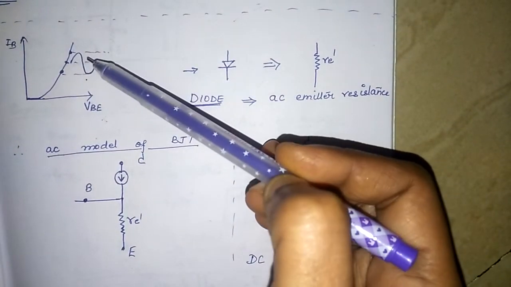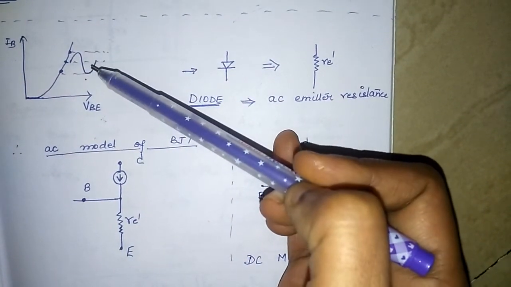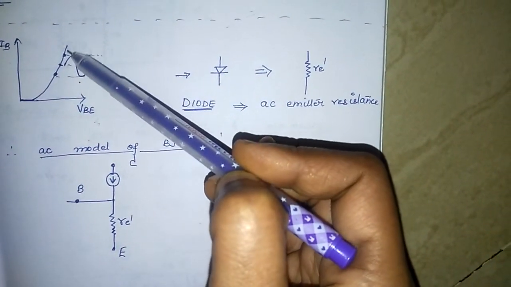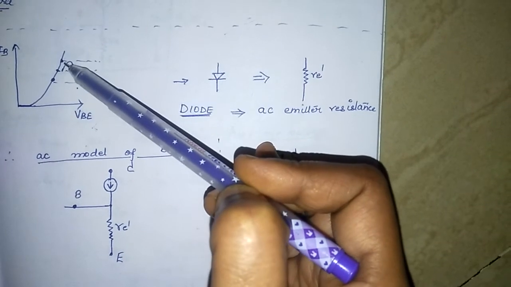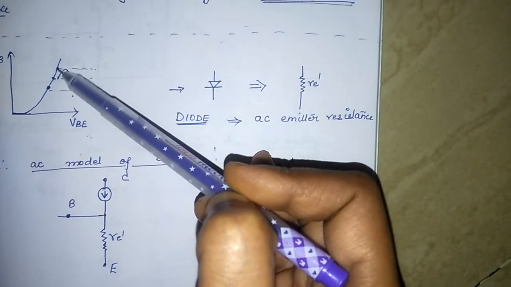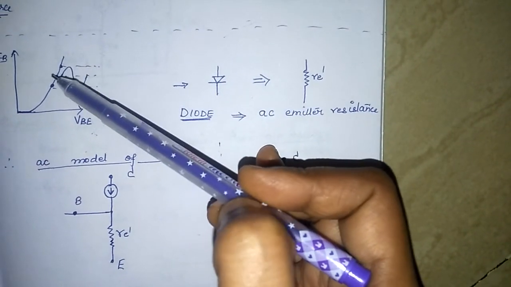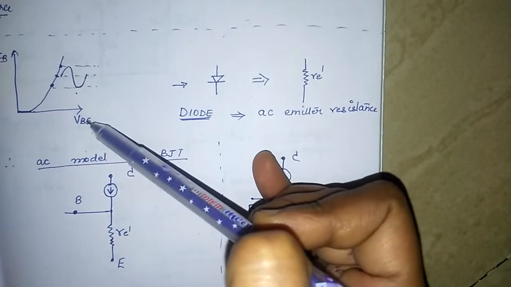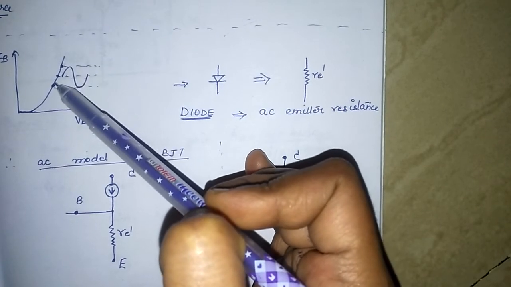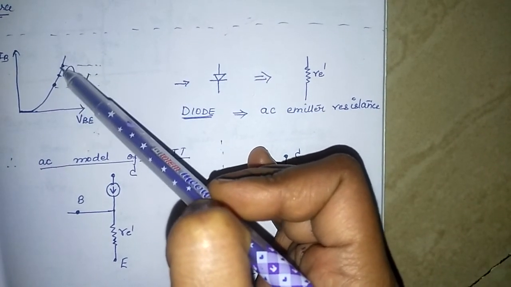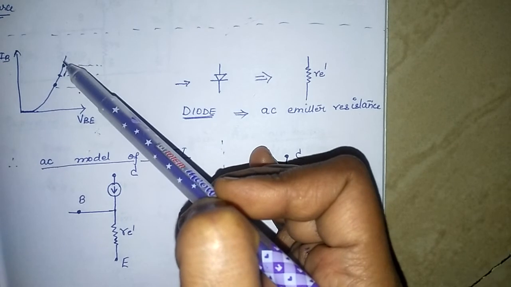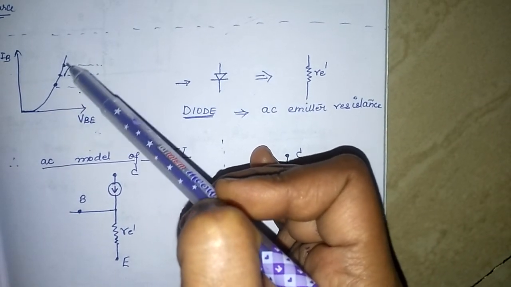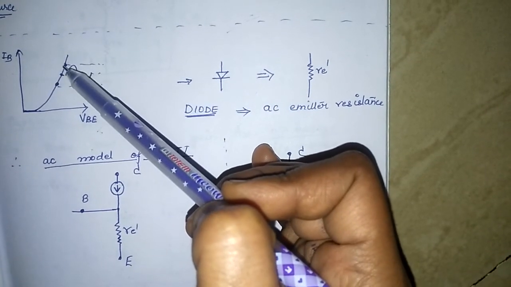Because we are talking about a small signal amplifier, the variation in base current is limited to only a small portion of this curve. If you are talking about only this part, you see that it is almost a straight line, and the slope of this part will give you the resistance.